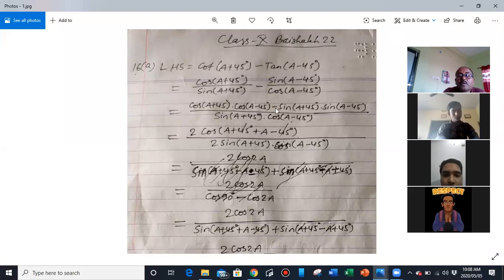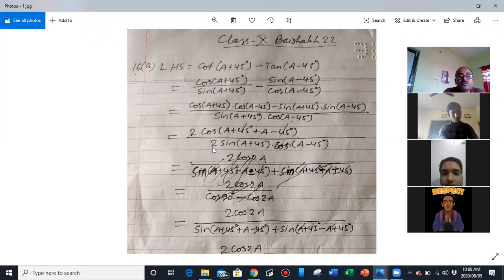Cos A cos B minus sin A sin B is cos(A plus B). So A means the first category of angle, A plus 45 degree, and B means the second category of angle, A minus 45 degree.